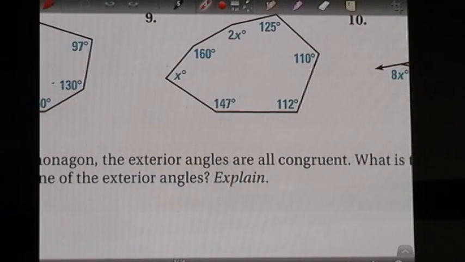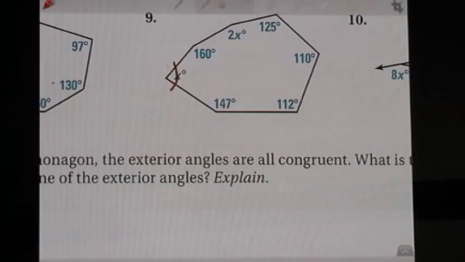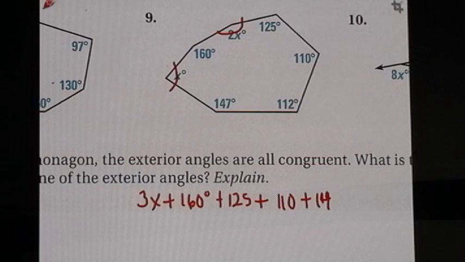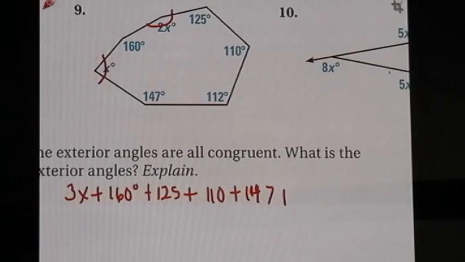Alright, now this one just has a little bit more extra here. You have a 2x and an x. So together that is 3x plus 160 plus 125 plus 110 plus 147 plus 112.